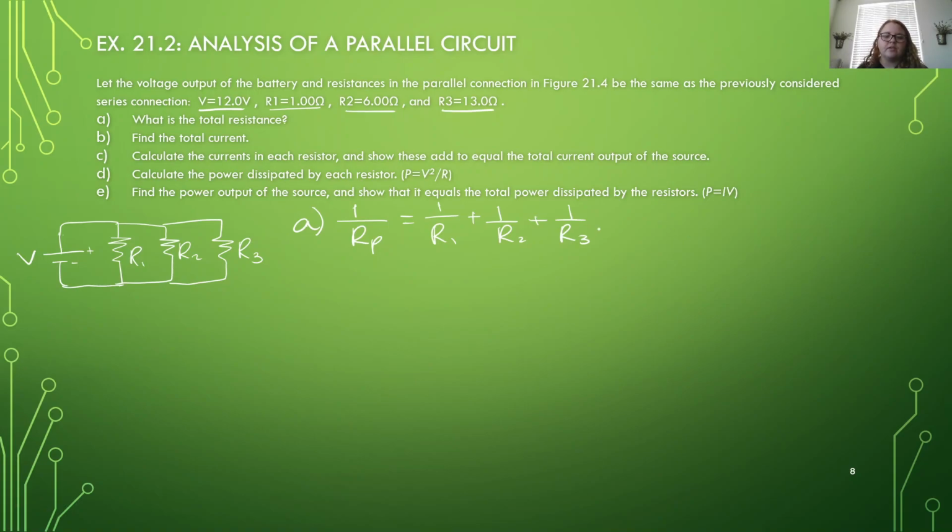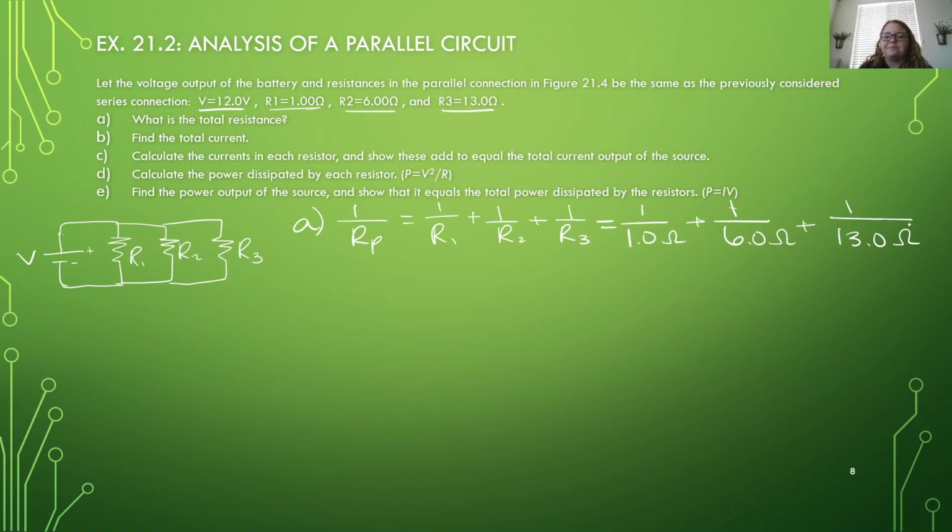There's a couple different ways you can do this. I like to plug it straight into my calculator pretty quickly. So we've got 1 over our first resistance, which is 1 ohm, plus 1 over our second resistor, 6 ohm, and 1 over our third, which is 13 ohm.